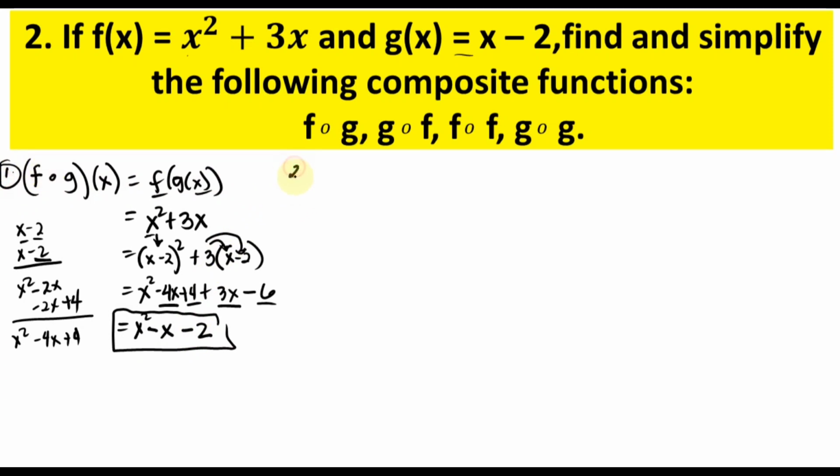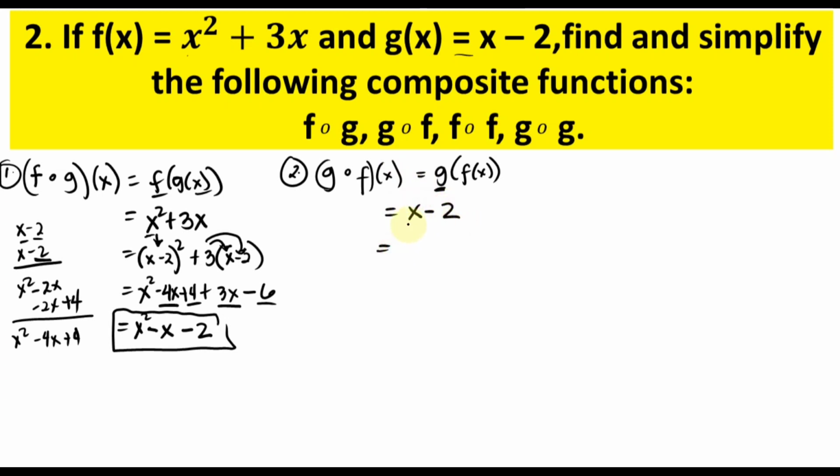And number 2, we have the composition of g with f of x. Okay, so that is g times f of x. Again, i-write lang natin yung value ng g of x. So ang value ng g of x is x minus 2.